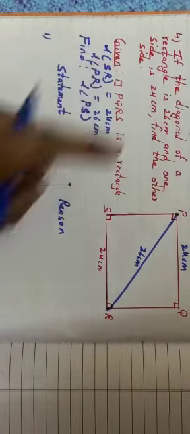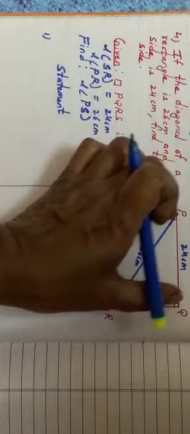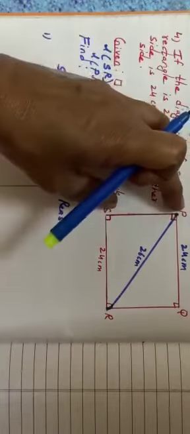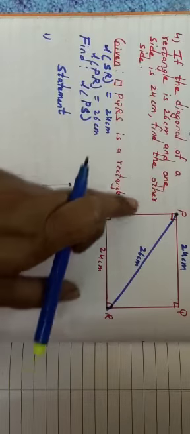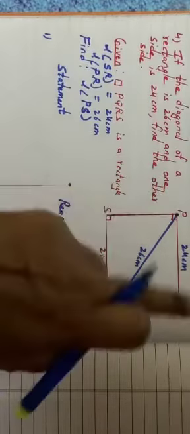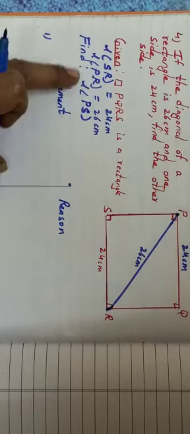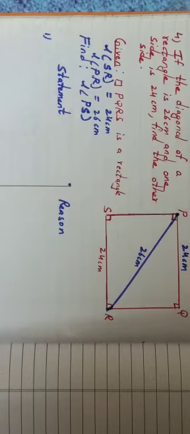They have said one side you have to find, because it's understood that I know these two because they are opposite. If I find length of PS, opposite to length of PS, the side is QR. So if length of PS, whatever answer I get, length of QR will also remain the same. So you can write find length of PS, and length of PS is equal to length of QR.